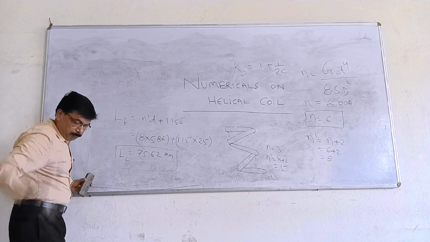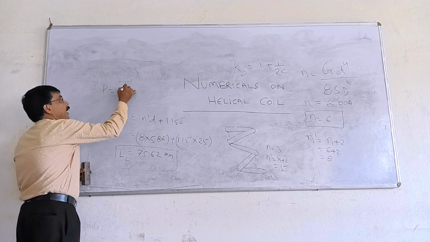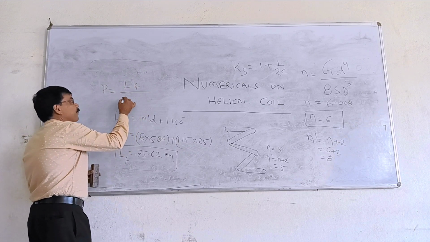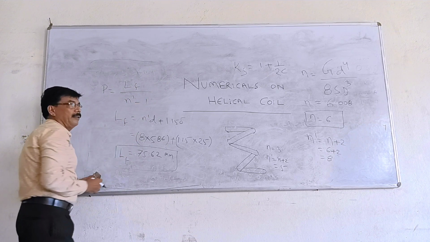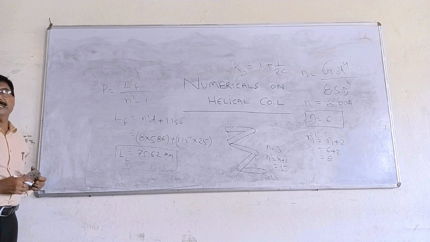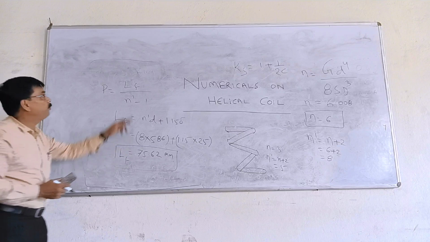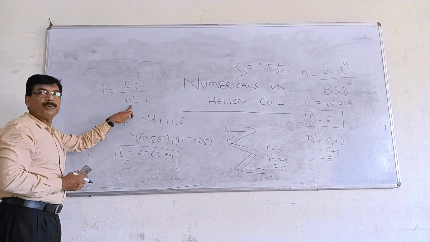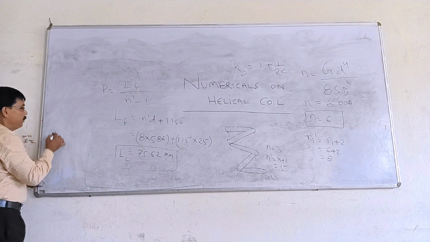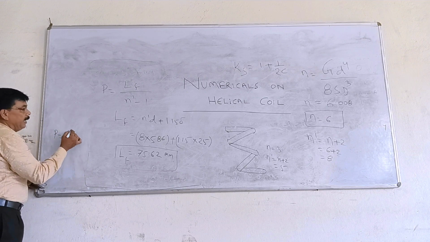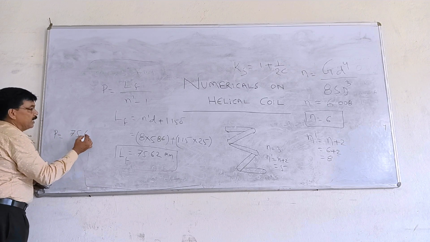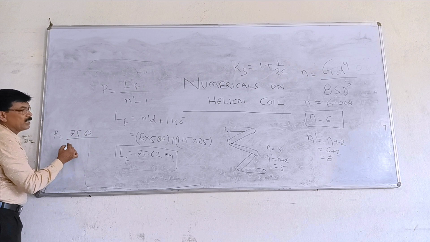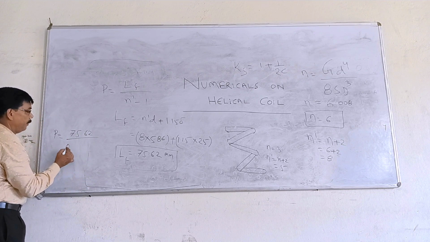Then the last parameter is pitch. The value of pitch is LF divided by n dash minus 1. So put the value of LF here and n dash here. Finally, pitch is equal to 70.62 divided by 8 minus 1.